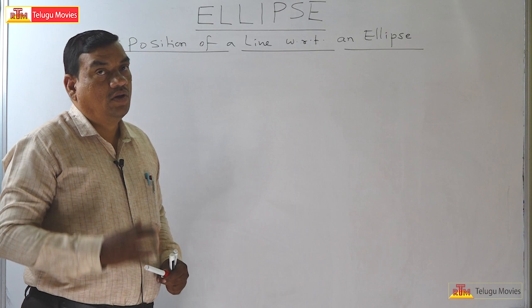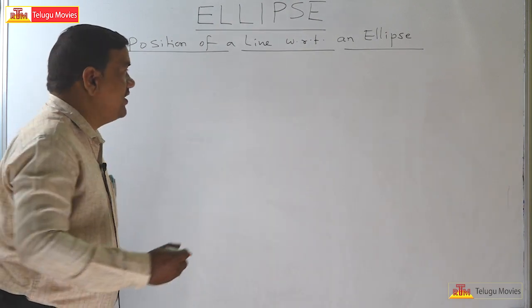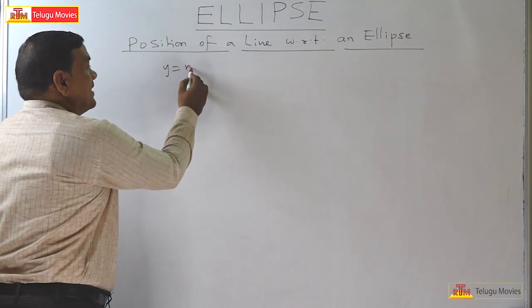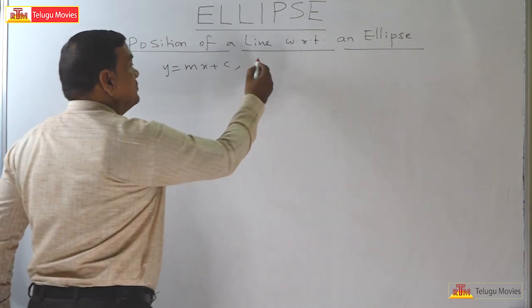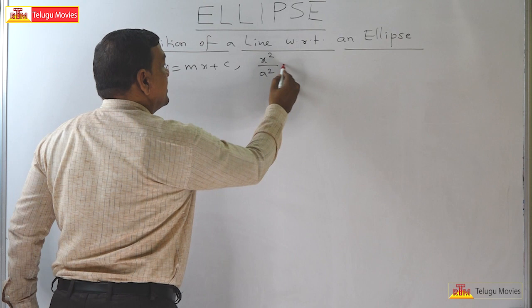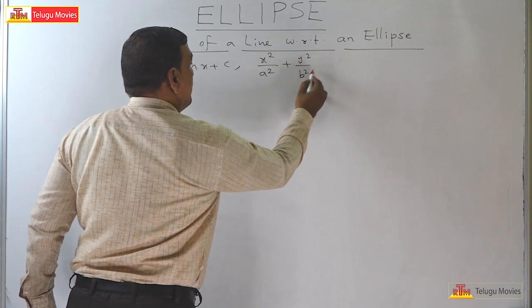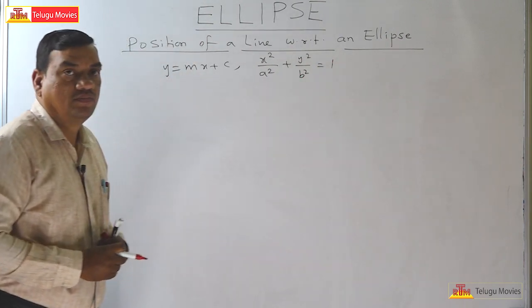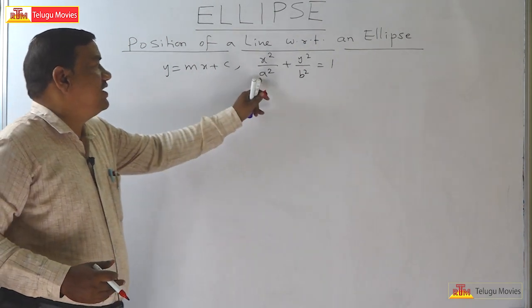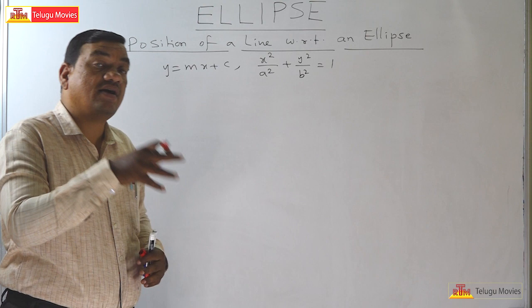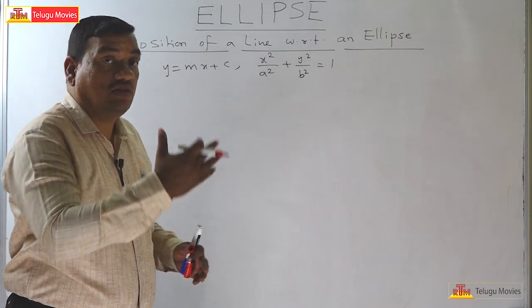Now consider a straight line y is equal to mx plus c and the equation of the ellipse as x square by a square plus y square by b square is equal to 1. Then we are going to get a relation between m, c, a, b, depending upon which we will decide all three cases.